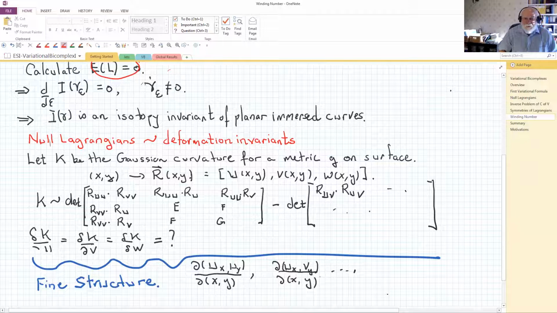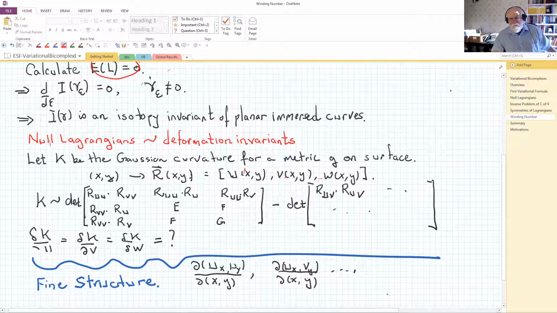Okay. Well, probably should do the same thing. Let's let K be the Gaussian curvature for a metric on the surface. Usually we see the formula for the Gaussian curvature given in terms of the coefficients of the first fundamental form and its derivatives, but there's a very big formula in Struik for the curvature written out explicitly in terms of the formula for the surface.